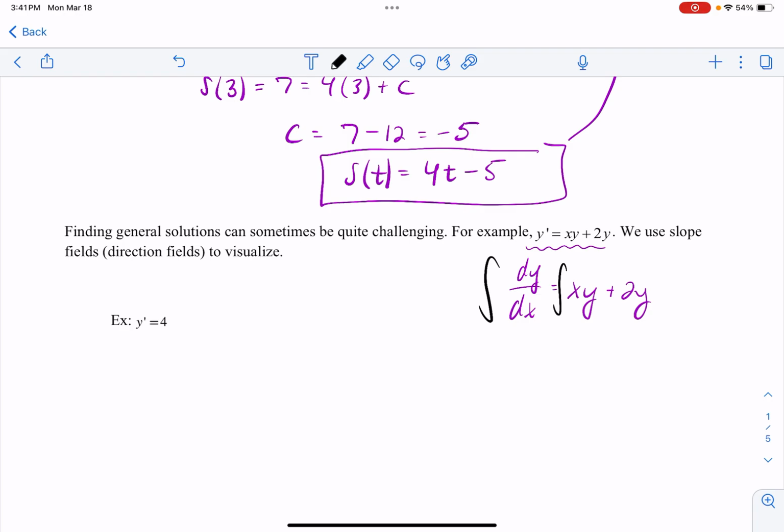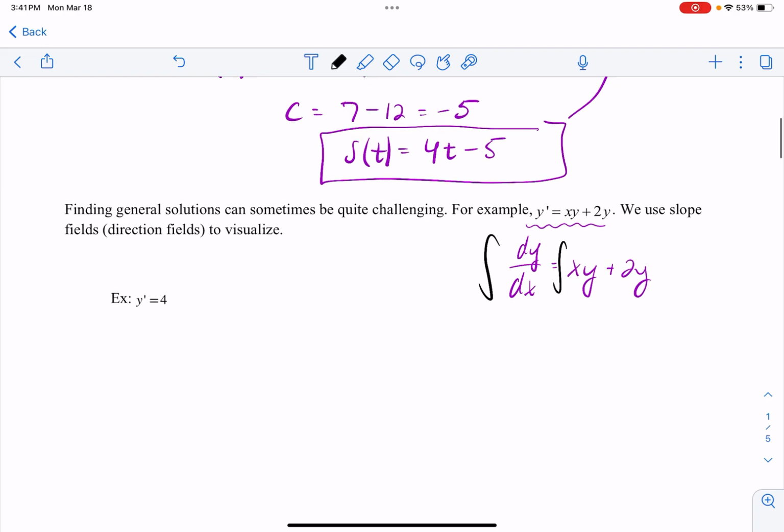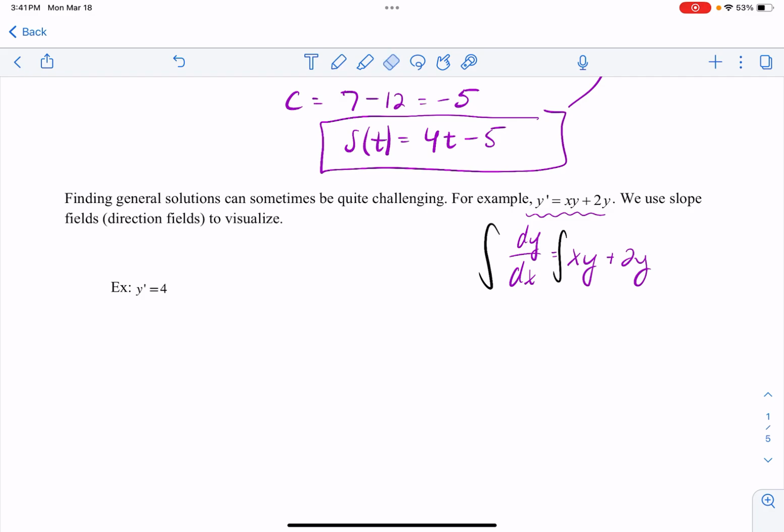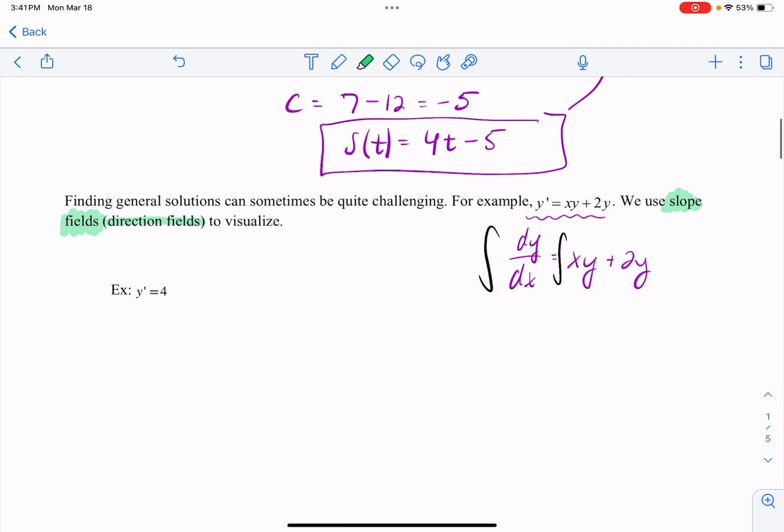I guess we could do our best here, and actually we will find a way to do this. We will figure out a way to make this look nicer. But one thing that we're going to learn how to do is to use slope fields, sometimes called direction fields, although I'll be honest, they're mostly just called slope fields, to visualize what exactly this looks like.